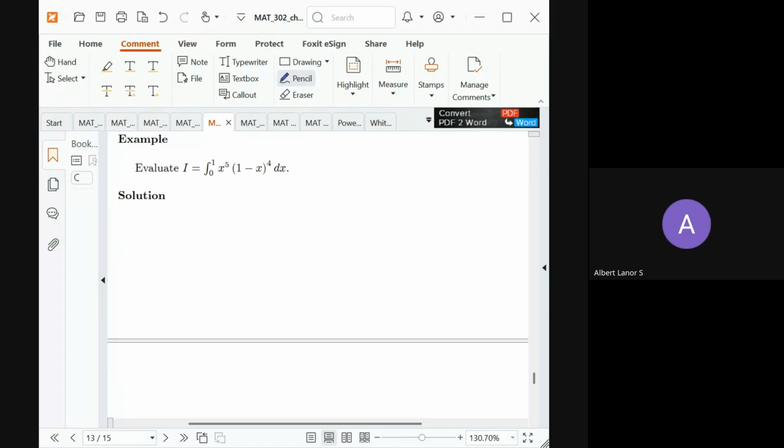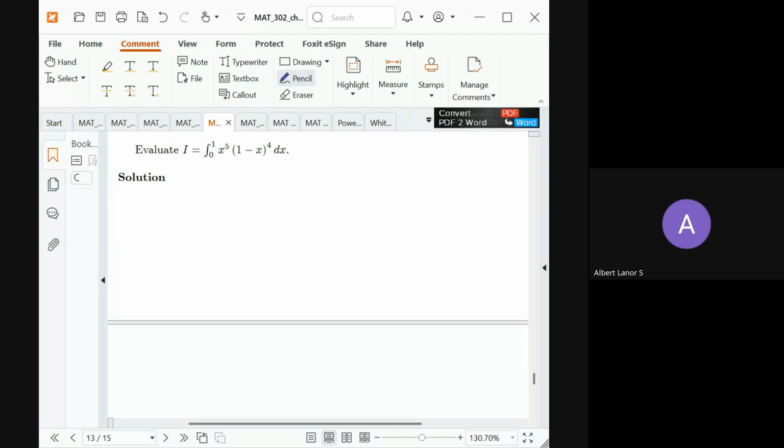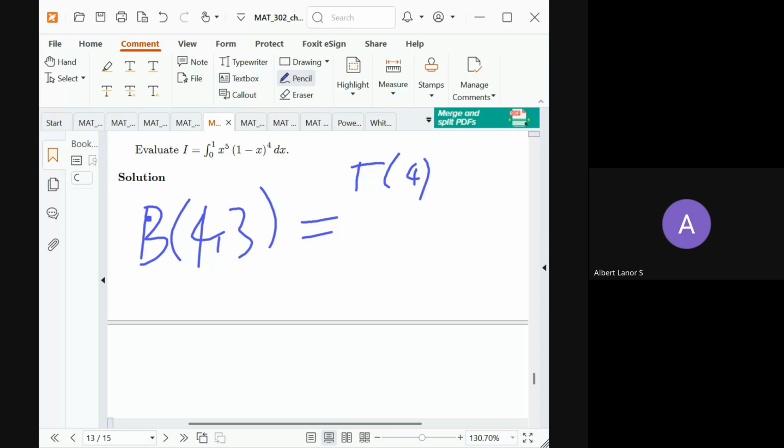Now in this example, we have I is the integral of x^5 (1 minus x)^4 dx. So we can say that this is beta of 4, 3. Now remember that the beta function is gamma of the first one. So this will be gamma of 4, gamma of 3, divided by gamma of the sum, gamma of 7.